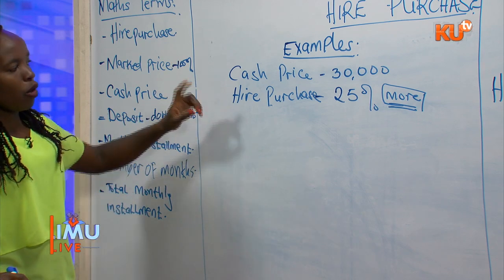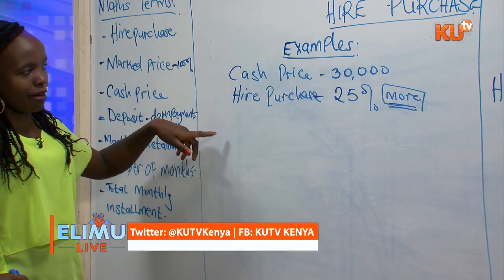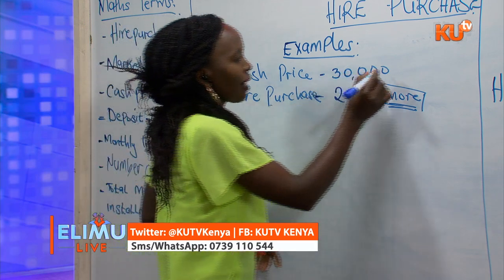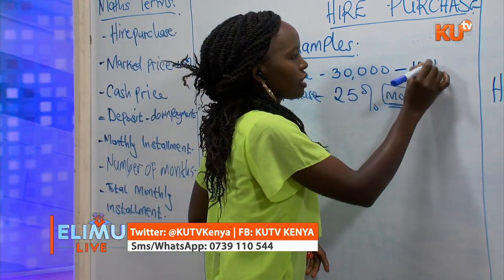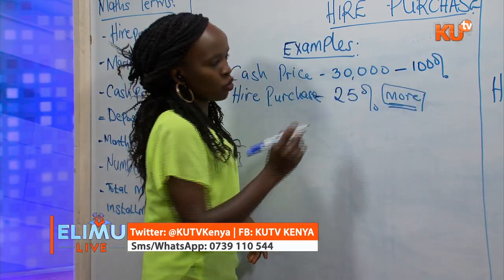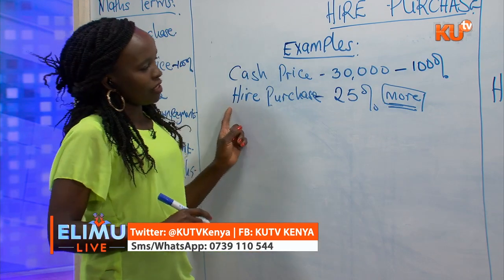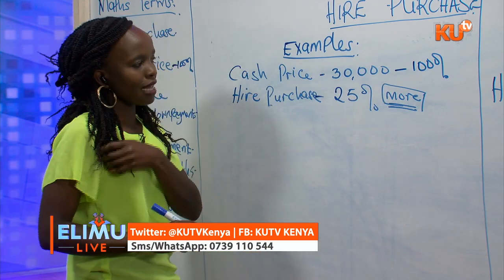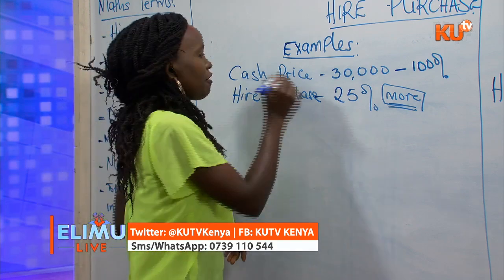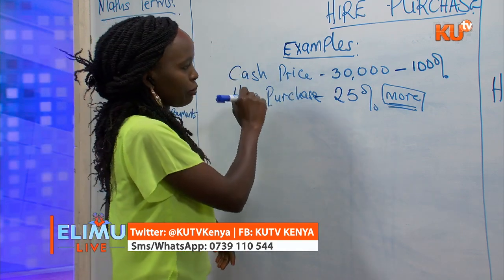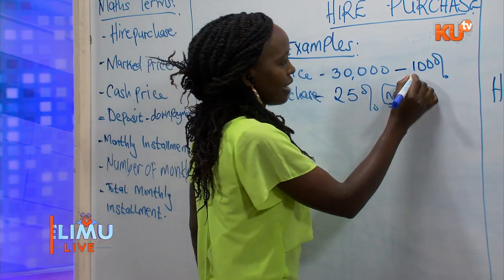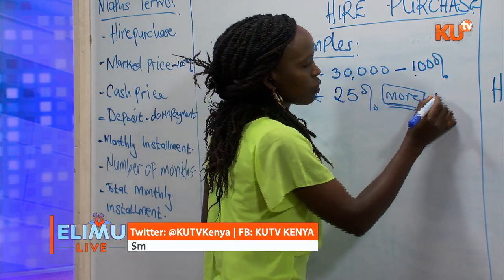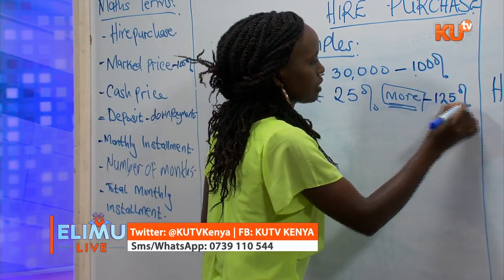In our case here, we are comparing the cash price and the hire purchase. So we are going to assume that our cash price is 100% because we are comparing the two. If the hire purchase is 25% more than the cash price, it means that it is 25% above the cash price. You take 100 plus 25, we get 125%.